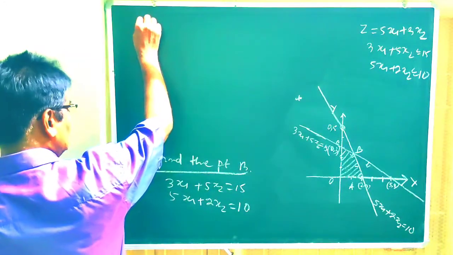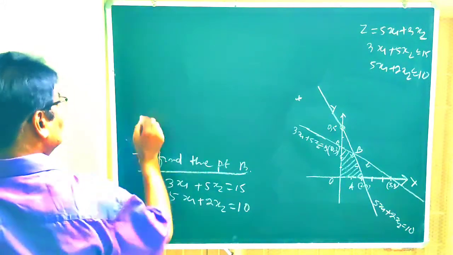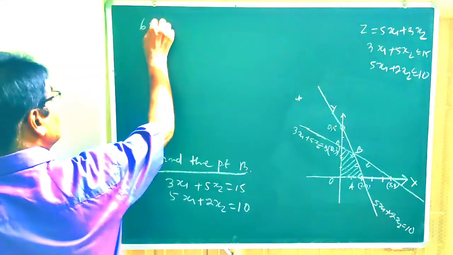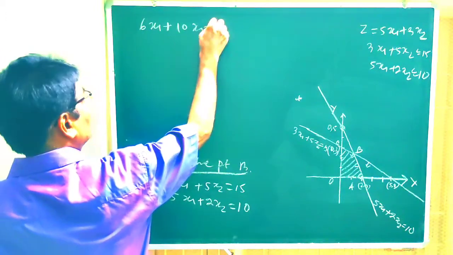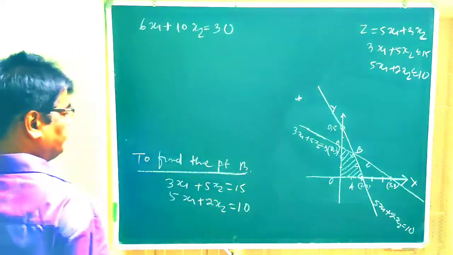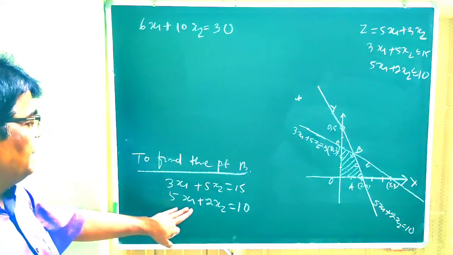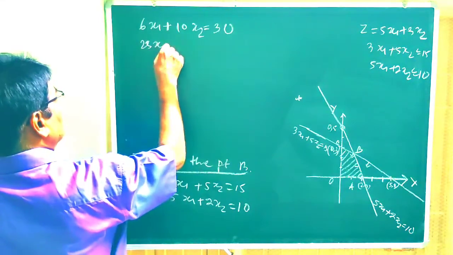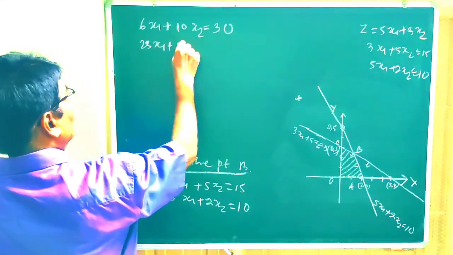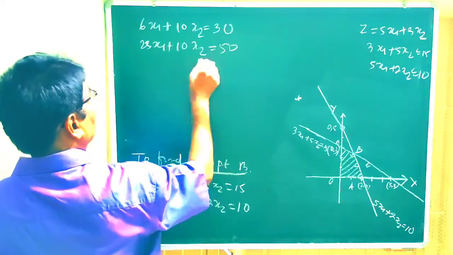So let us solve these equations. Multiplying 2 to the first equation, it becomes 6x1 plus 10x2 is equal to 30. Now let us multiply 5 to the second equation. So 25x1 plus 10x2 is equal to 50.